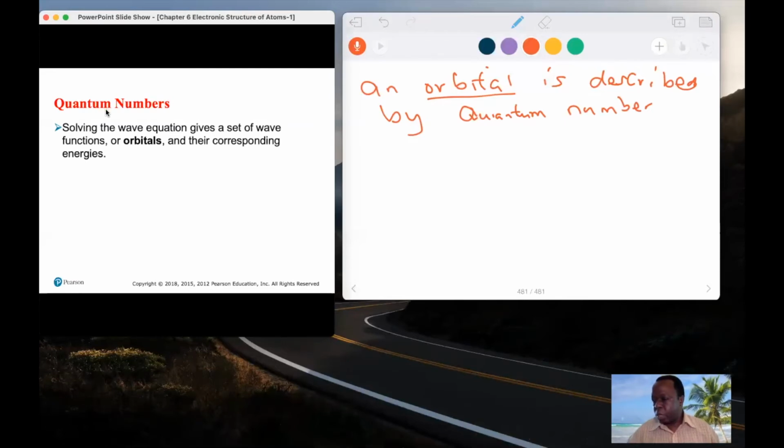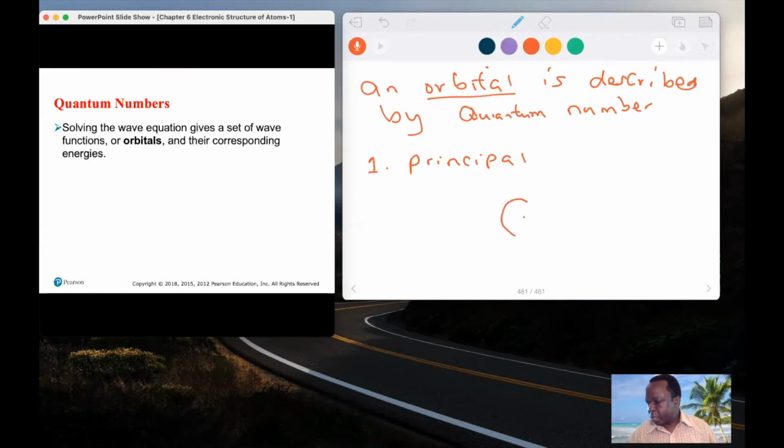The quantum numbers are the principal quantum number and the angular momentum number. Each one of them represents an energy level.